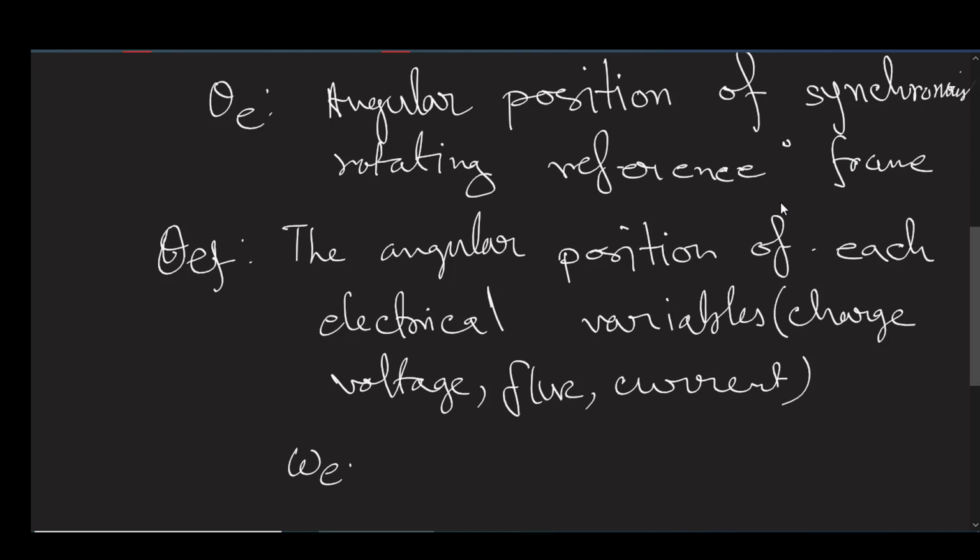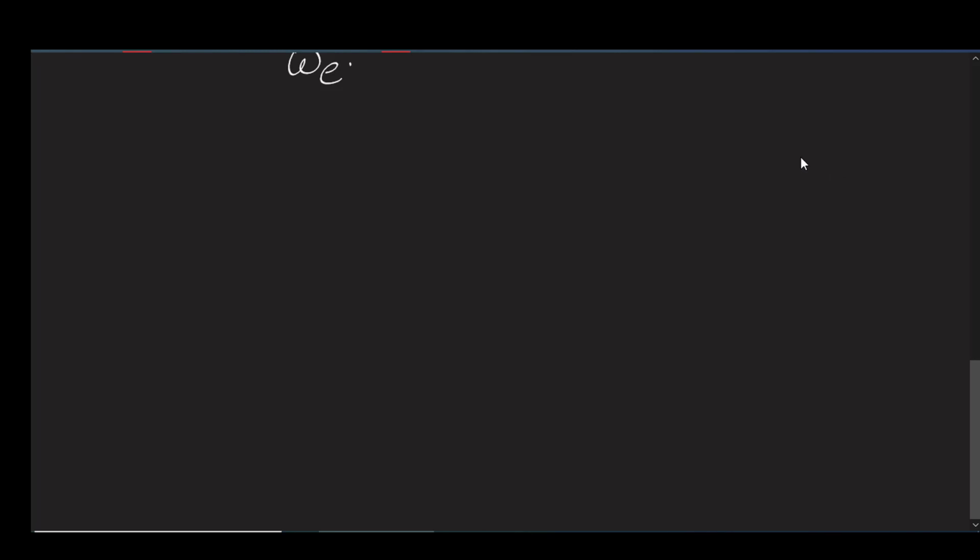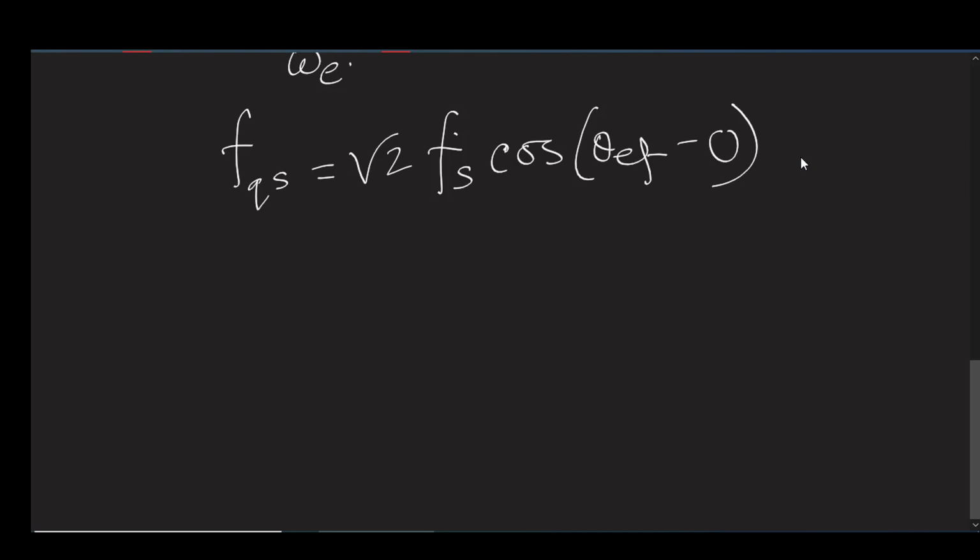Now, if we substitute them in transformation, what we will get? We will get the transformation to arbitrary frame is FQS is equal to, just applying what we discussed in our last equation.